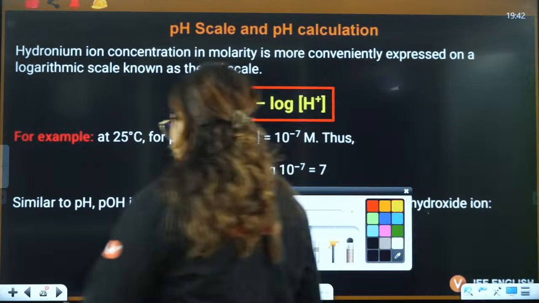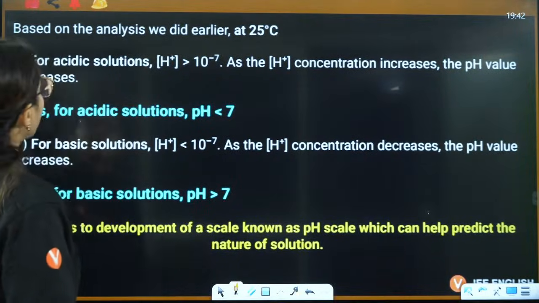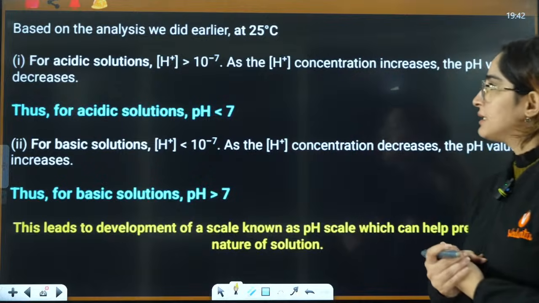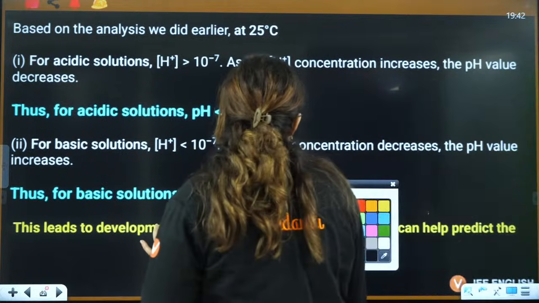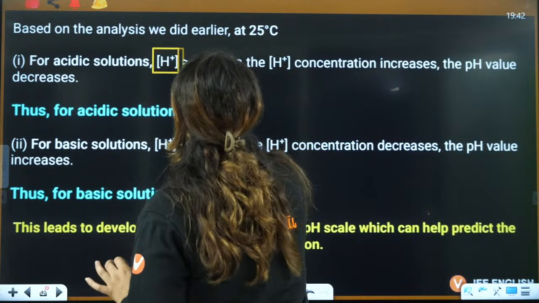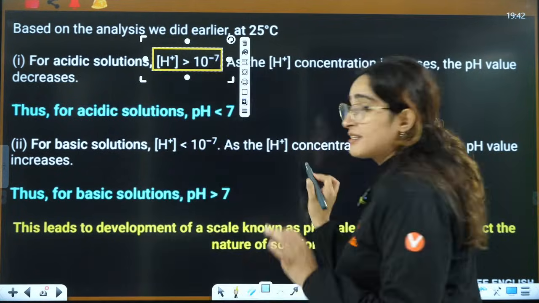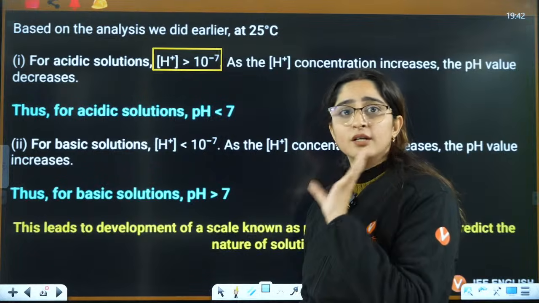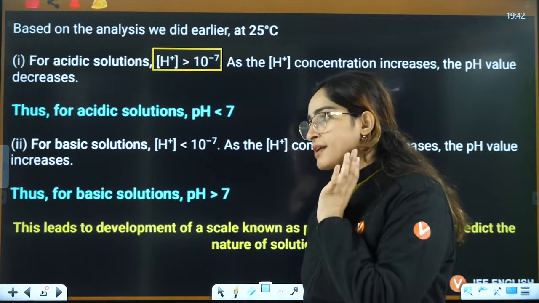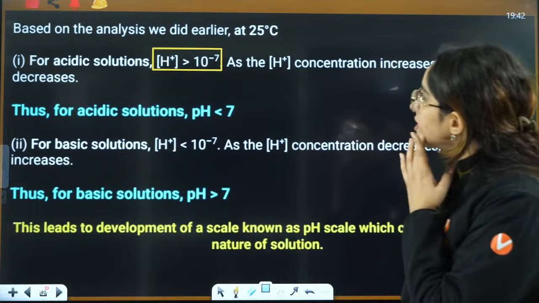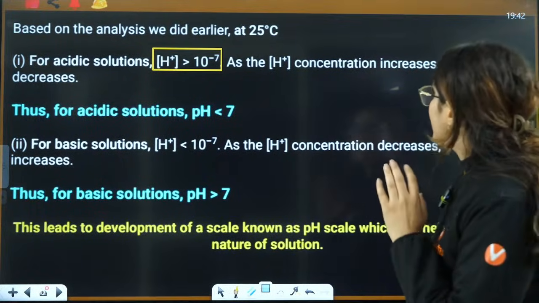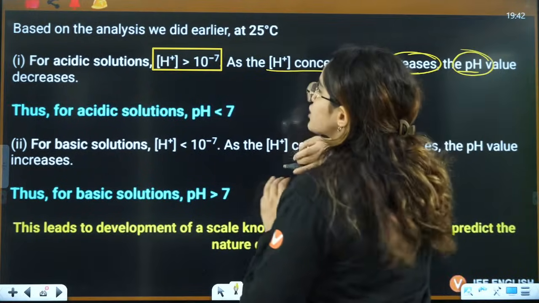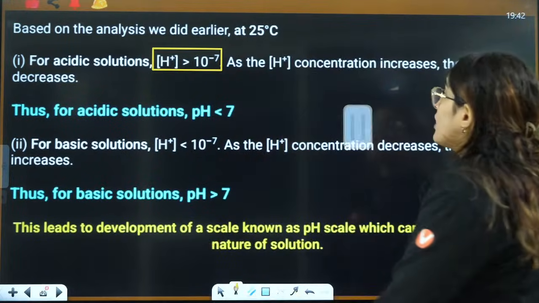Now let's calculate one thing based on the analysis we did earlier. This is a very interesting point. For an acidic solution, have we defined that H positive concentration should be greater than 10 raised to power minus 7? This is all I am talking about at 25 degrees Celsius. I am not moving to some other temperature. I am talking about 25 degrees Celsius everywhere, right? As H positive concentration increases, the pH value decreases. How?